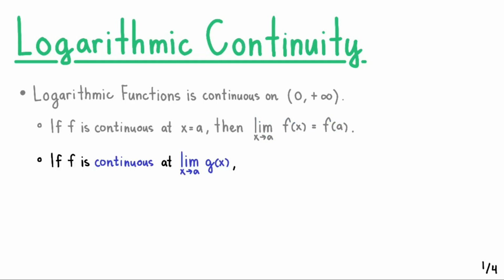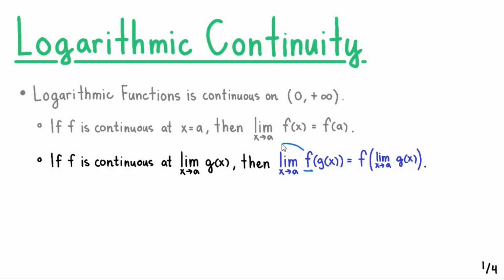Next, if f is continuous at the limit of a function, say g, at the point a, it follows that the limit of f of g of x at that point is equal to f of the limit of g at that point. Basically, the wording is quite confusing, but what happens here is that the f can be moved outside of the limit.